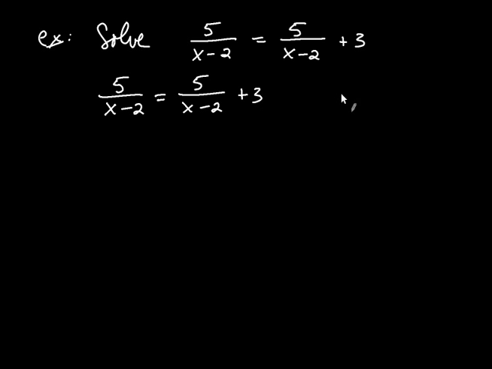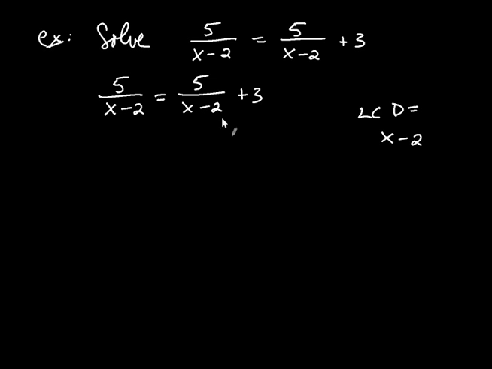Now you find the LCD. The LCD is obvious in this case because this is like a 3 over 1 here, so the only denominator I see is x minus 2. Let me write that down so we can see it. The LCD is just equal to x minus 2.